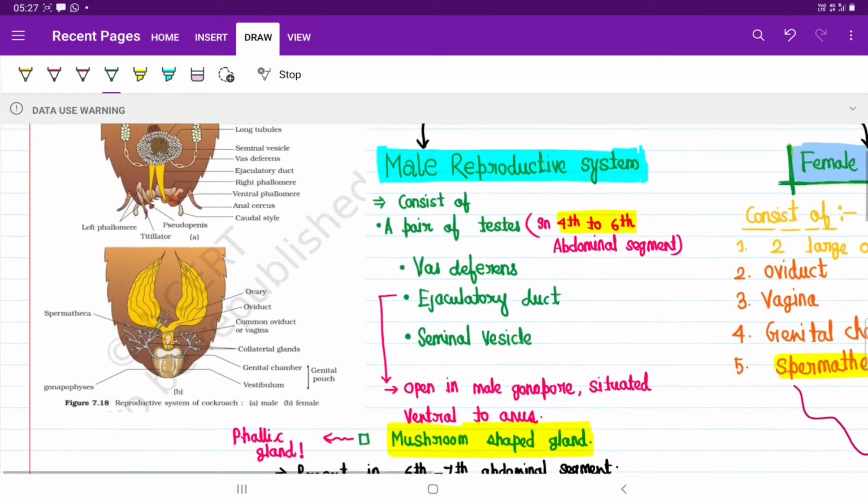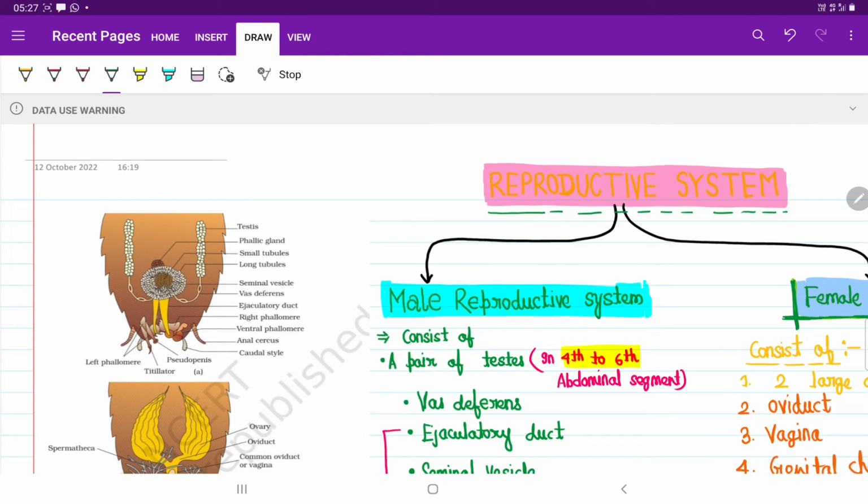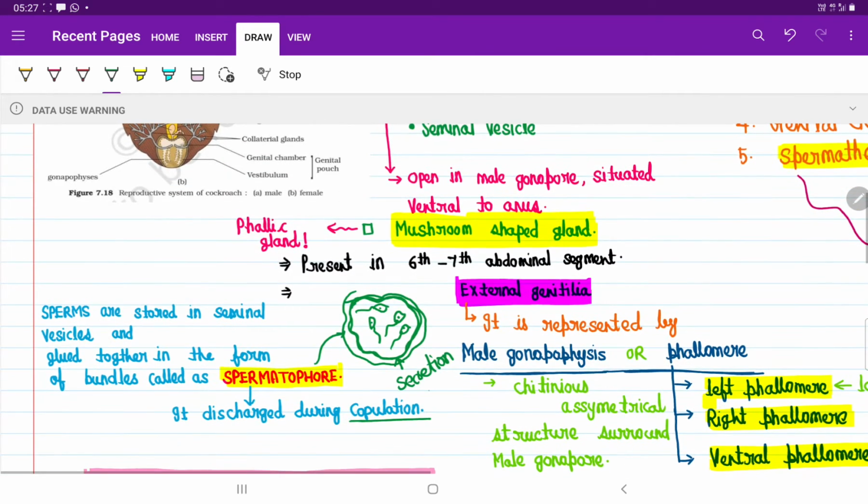And then you see the caudal end of the reproductive system. At the caudal end of the reproductive system, you observe clearly that so many chitinous structures are present. These chitinous structures and the gonopore together, gonopore means the male reproductive opening, are called external genitalia, right?